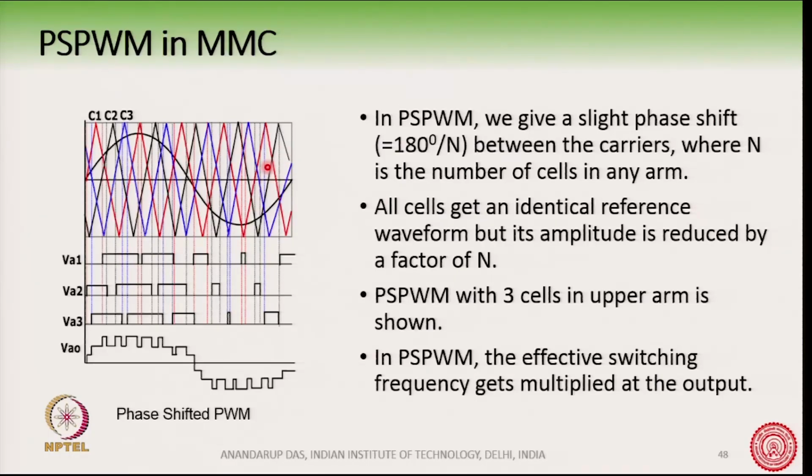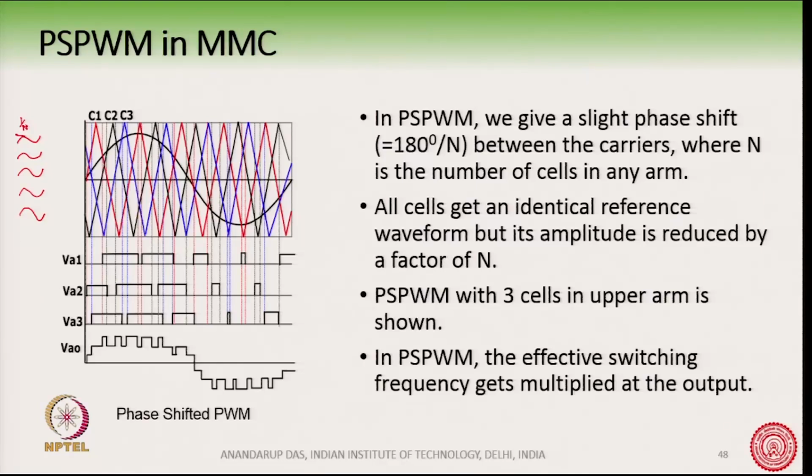In phase shift PWM, all the cells get an identical reference waveform, but the amplitude gets reduced by a factor of n, which I had talked about earlier. The basic idea is that each cell gets its own identical reference waveform. Suppose there are 4 or 5 cells like this, all of them get identical reference waveforms, each having an amplitude of 1 by n.